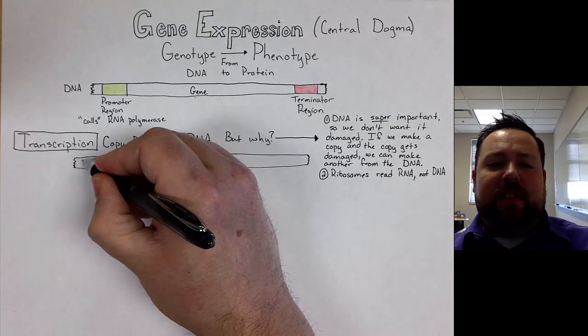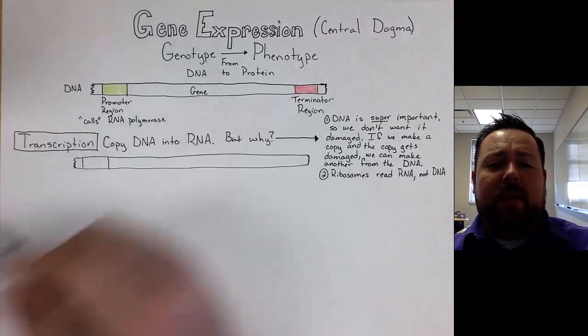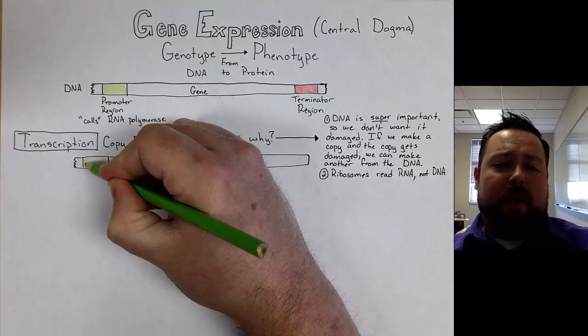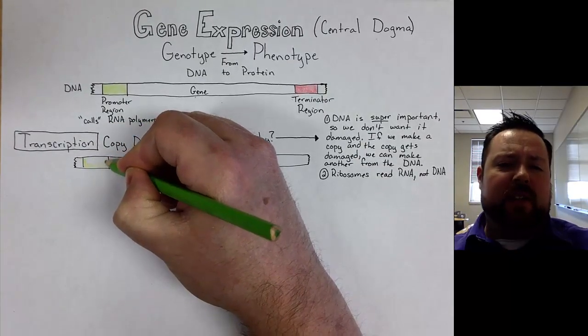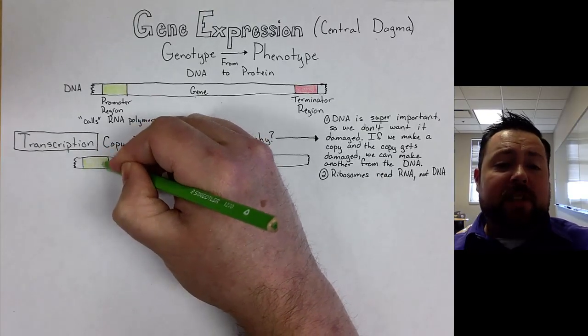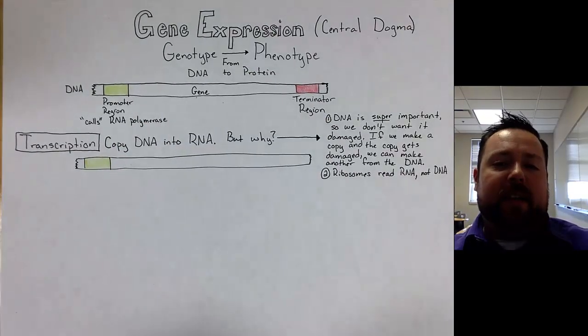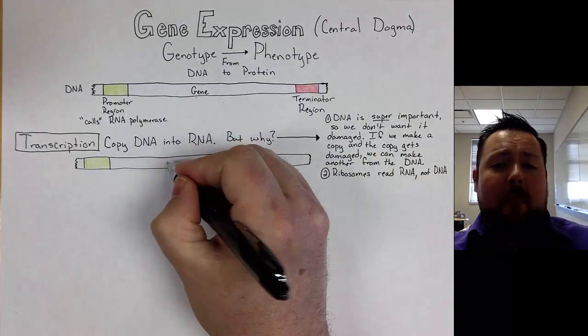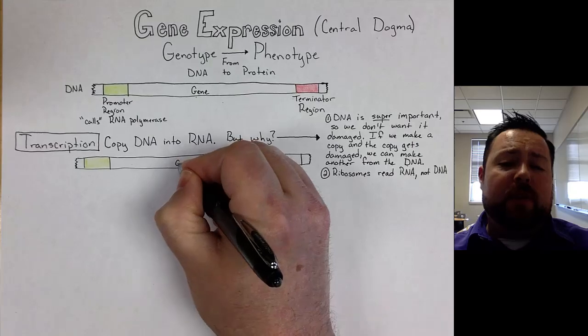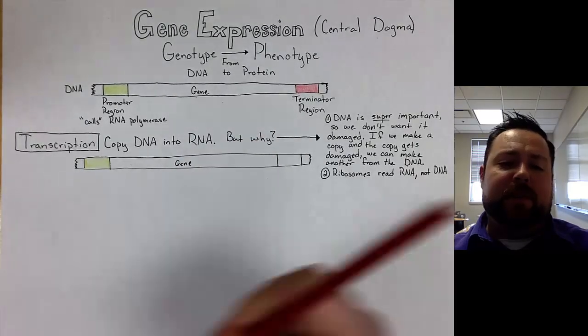But most biologists think that before DNA, only RNA existed, and that's backed up with a number of pieces of evidence that we'll take a look at in more detail at a later point. But essentially, that's why we need to make RNA, is that we want to protect the DNA, but then second, we want to be able to have the ribosomes read the RNA. They're not able to do that to the DNA.